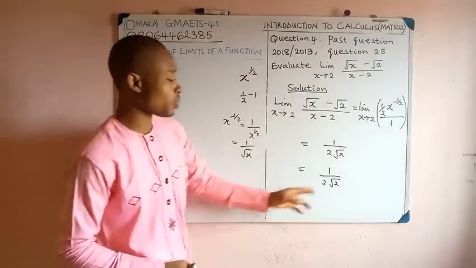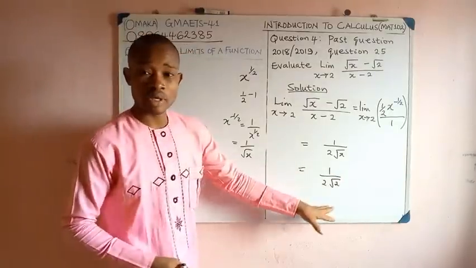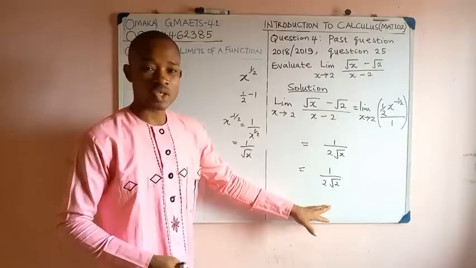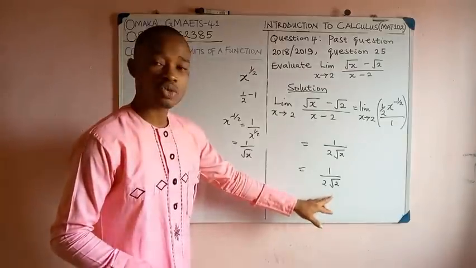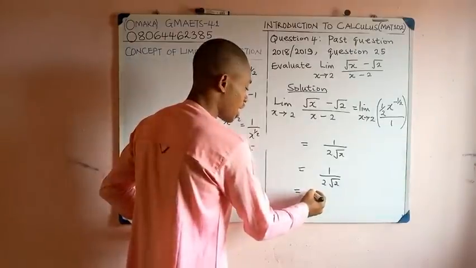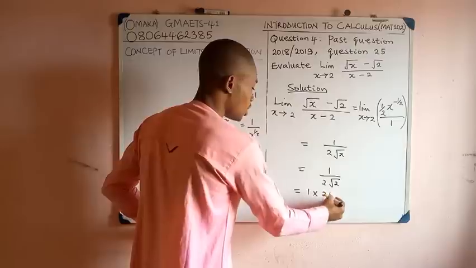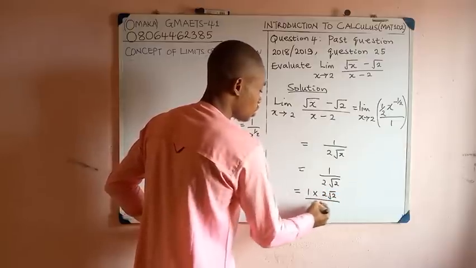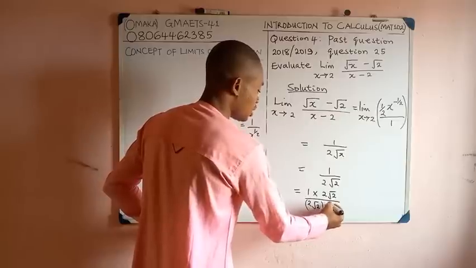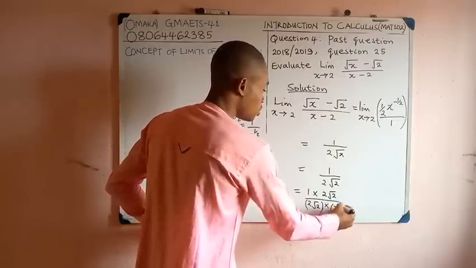So we're going to multiply the numerator and denominator by what we call the conjugate of the denominator. For this, the conjugate is 2 root 2. So we're going to multiply the numerator by 2 root 2 and then multiply the denominator by 2 root 2.